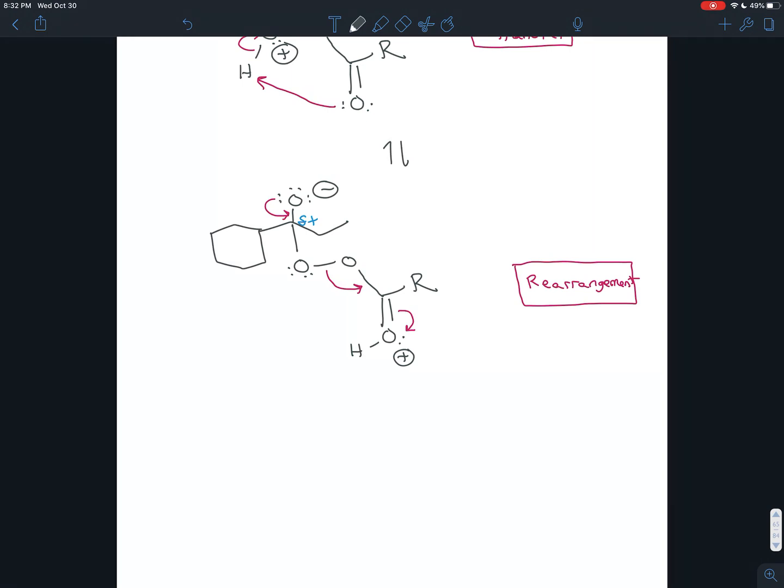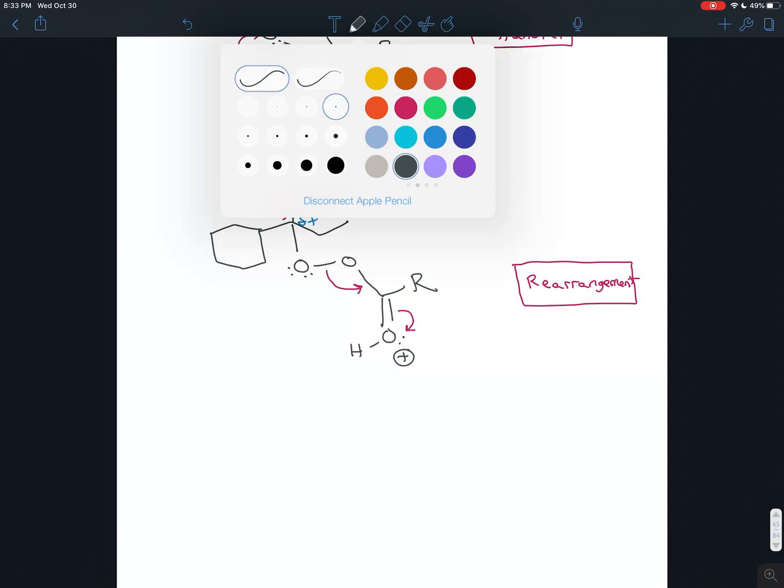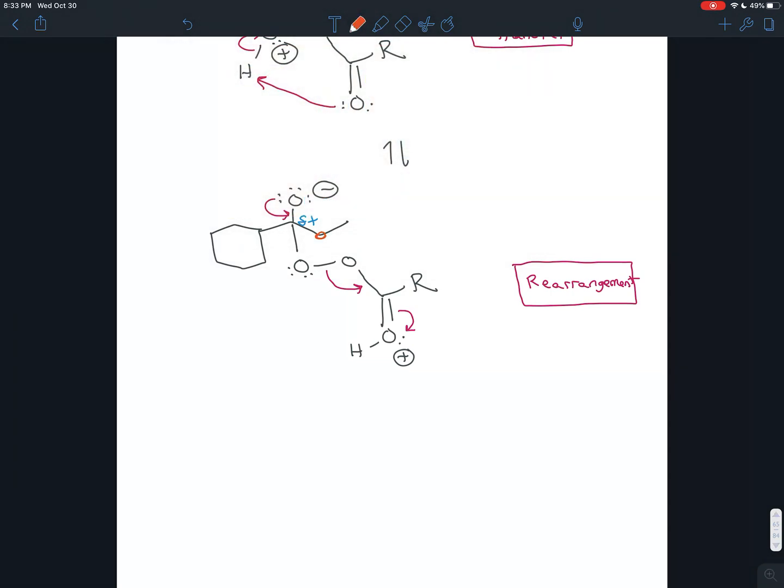Because as it's traveling over, it doesn't have electrons for a hot second, and so it has this sort of carbocation that it needs to stabilize. And so if you look at these, you have this carbon on the right, which is secondary. It's bonded to 2 carbons. This carbon on the left is tertiary. It's bonded to 1, 2, 3 carbons.